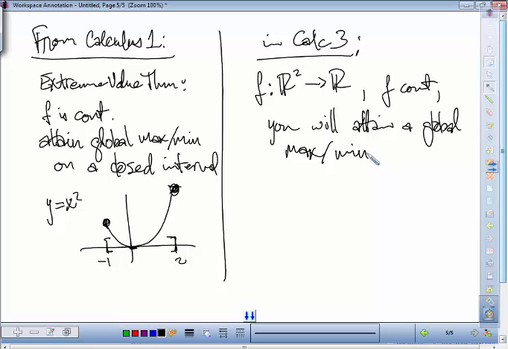Now, the global maximum or minimum might be a local maximum or minimum, or it could also happen in the boundary.